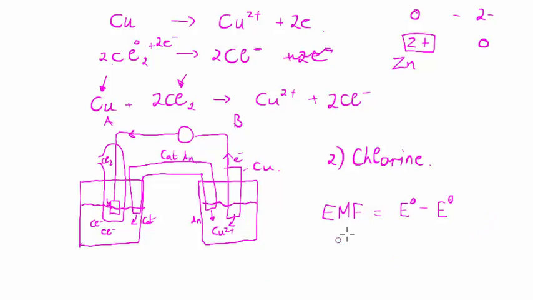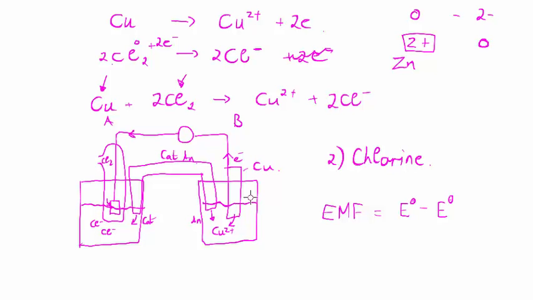Now the bigger one is the one that is taking electrons. Make sense?